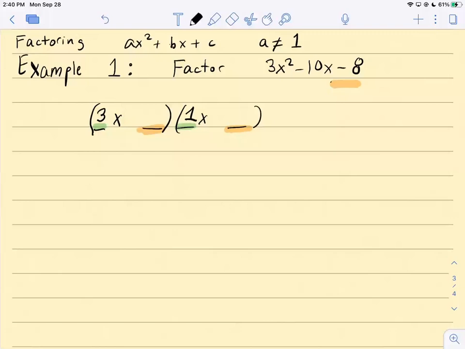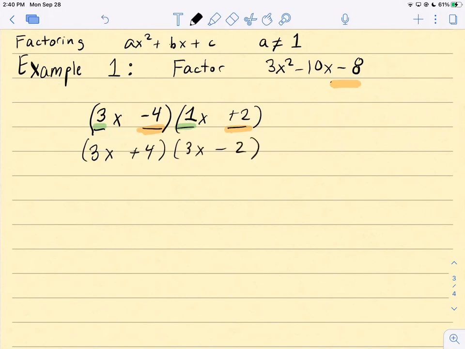Nice. And which one do you want to be negative? We can just do some guess and check. Maybe first negative 4, positive 2. But we can also try 3x plus 4 and 3x minus 2.